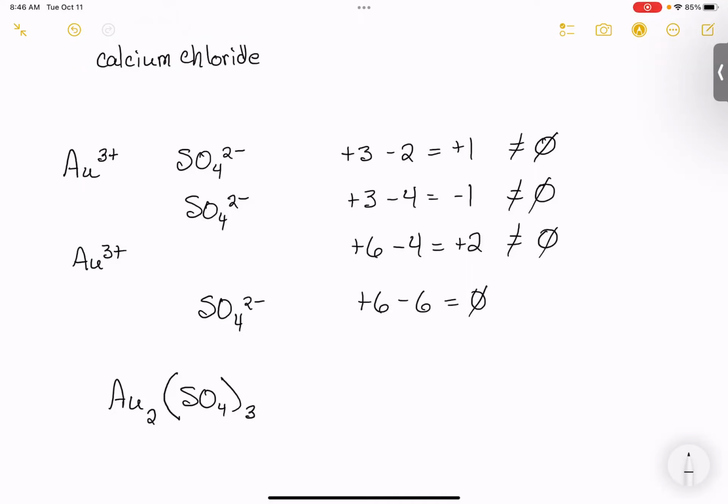Now to name this, gold is not one of the metals whose charge is always the same. So what does it need? It needs a Roman numeral telling me what the charge is.